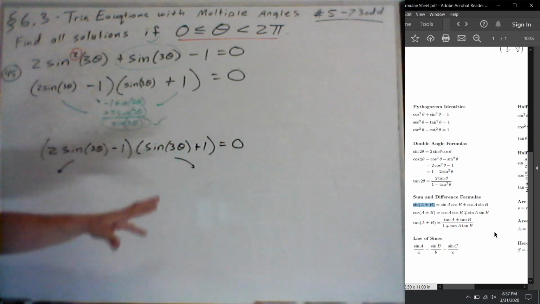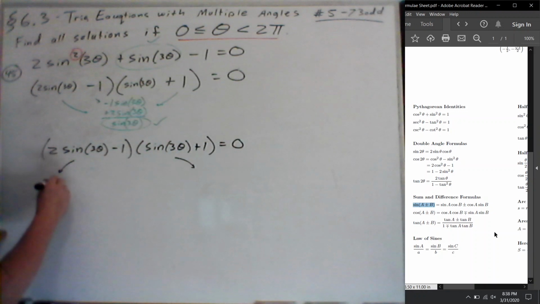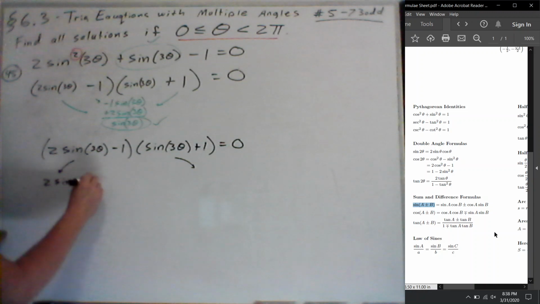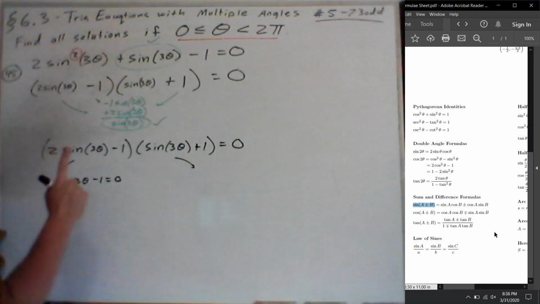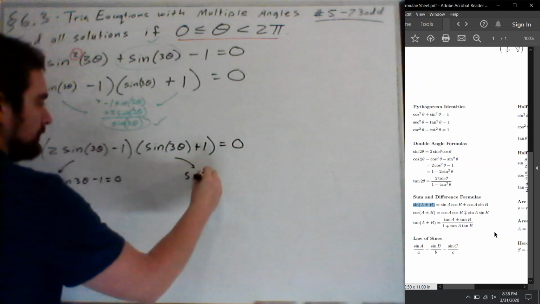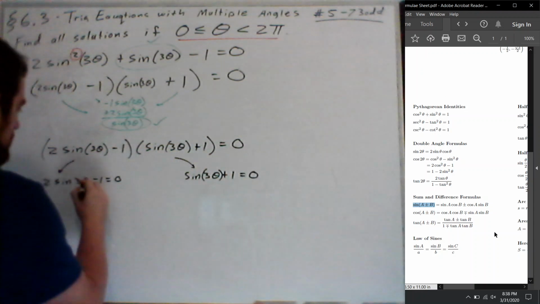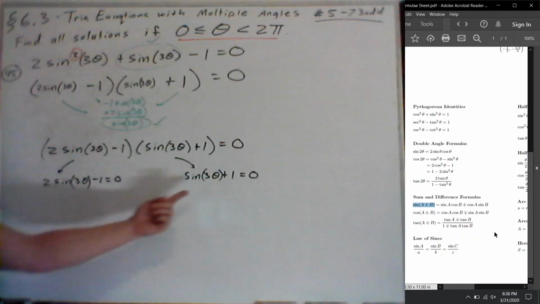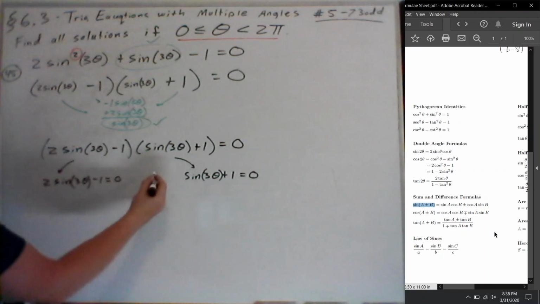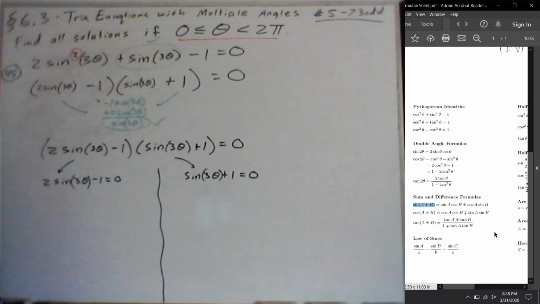Notice what that does. It breaks it into two smaller problems. 2 sine of 3 theta minus 1 is 0, or sine of 3 theta plus 1 is 0. And both of these problems have this weird triple angle involved with them. So I solve each one separately.